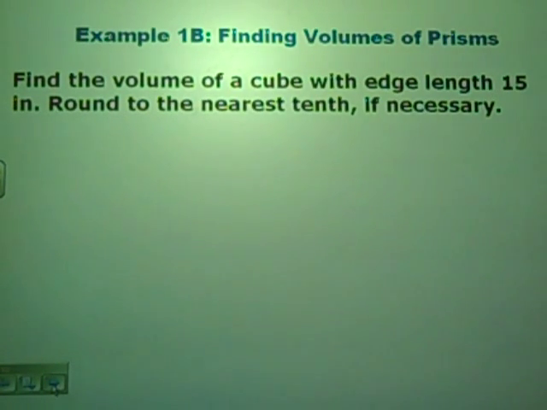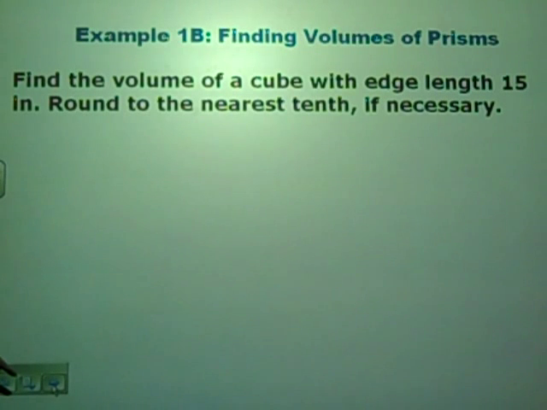Let's find the volume of a cube now with edge length 15 inches. And we're going to round it to the nearest tenth if we have to. We start with writing the volume of the cube formula. Now recall, cubes, the length, width, and height are all the same. So instead of saying length times width times height, I could just say side times side times side, because they're all the same, or side cubed.